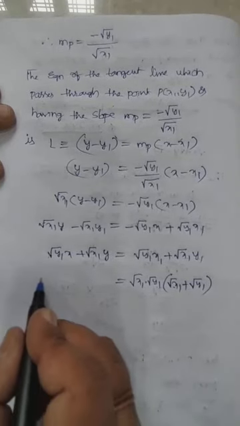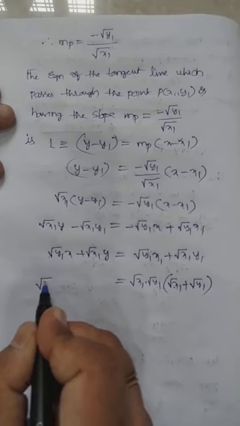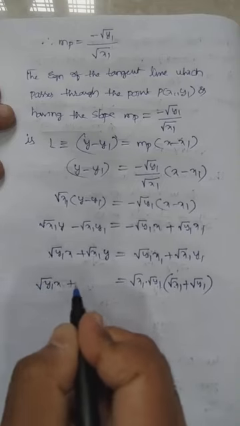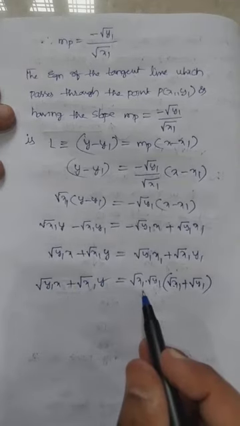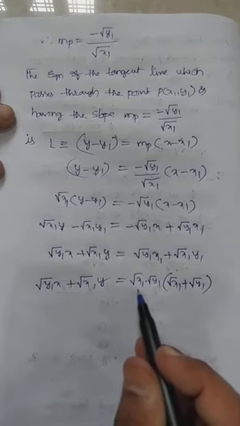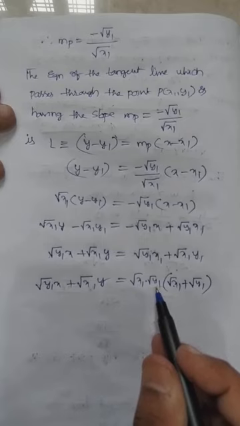So the left side has under root of y1 x plus under root of x1 y. Okay, I am dividing each term by under root of x1 into under root of y1.